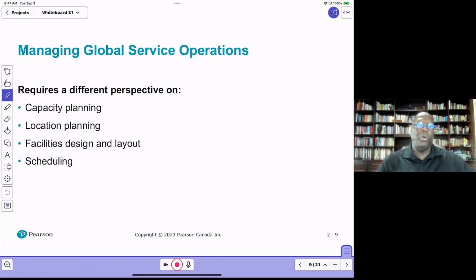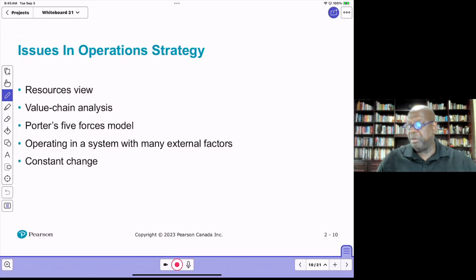You would need to know where you're going to locate your facilities, depending on where there are opportunities for growth, for market demand, how you design and lay out the facilities to create a particular service delivery offering or certain service experience, and of course you have to engage in scheduling workers, right?